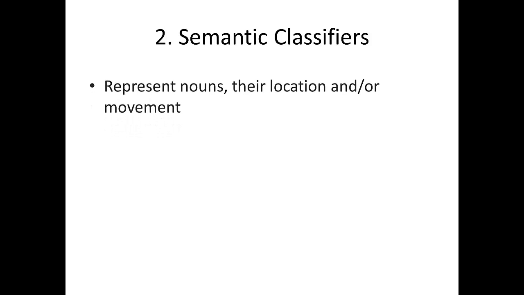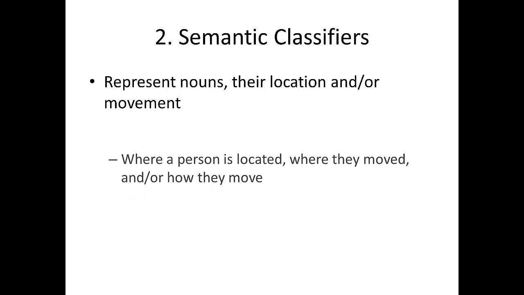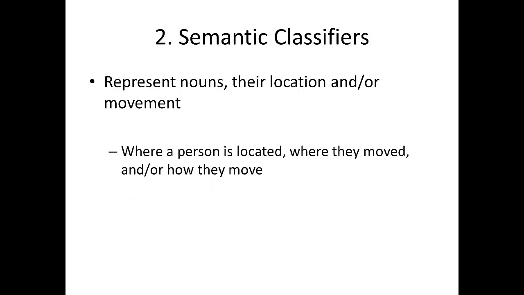Semantic classifiers represent nouns and their location or movement. So it can represent where a person is located, how they moved. Examples can be a person falling forward, sitting facing you, or lying on their back looking up.